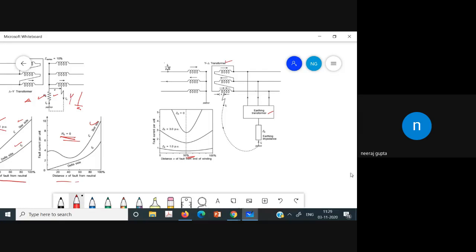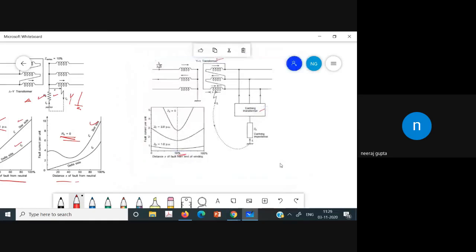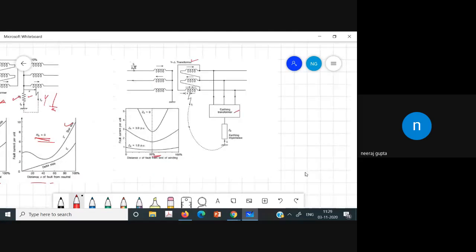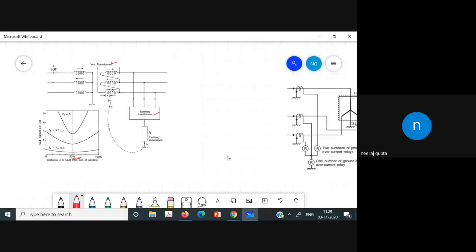Now we can discuss the different types of faults. We discussed the winding to core fault, then we discussed the phase faults.